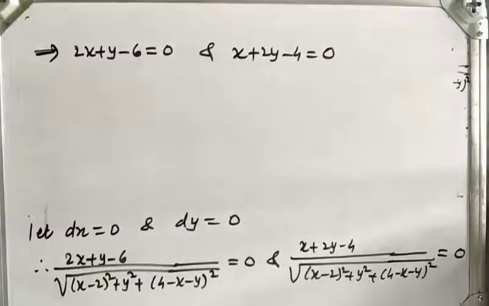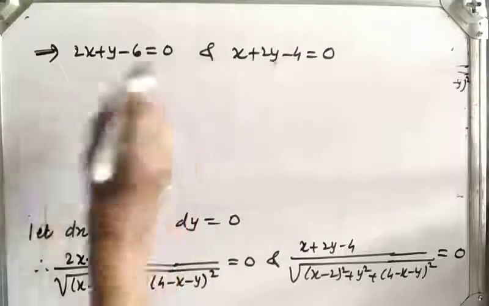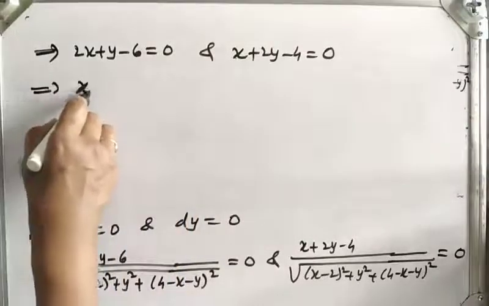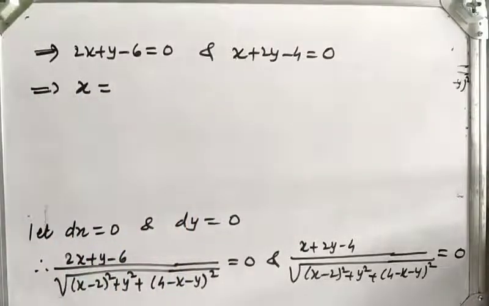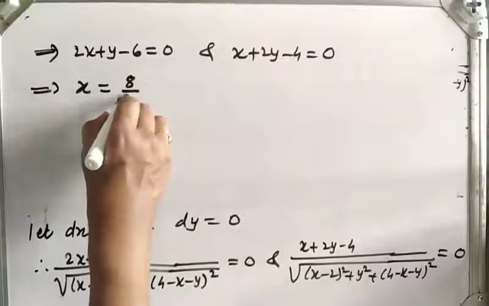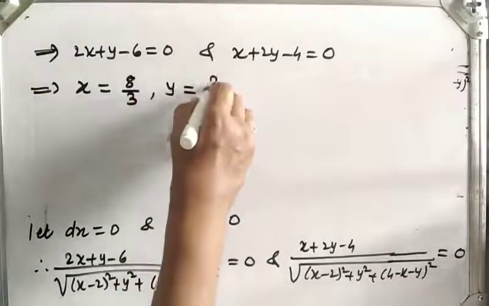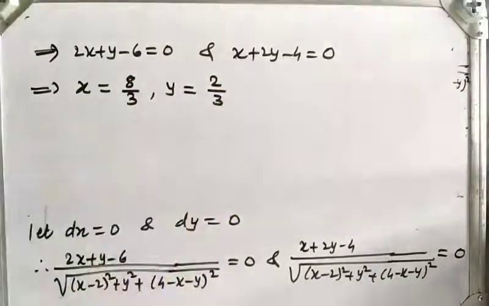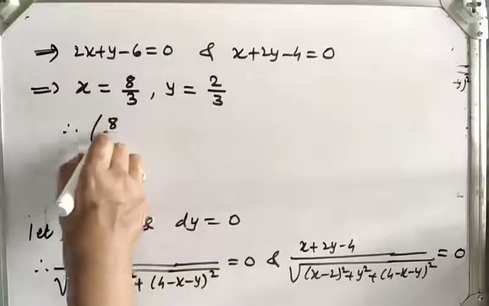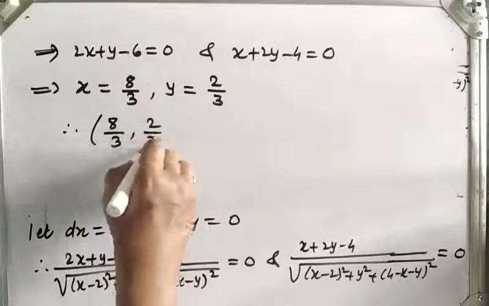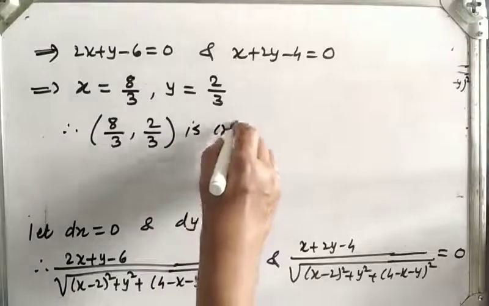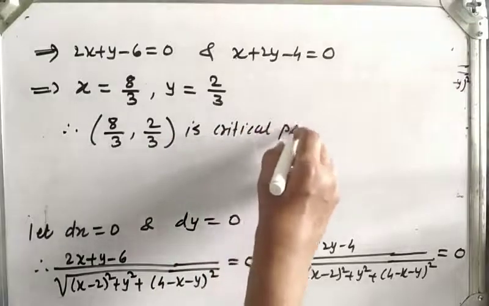In the next step, we will solve these two equations. After solving these two equations, what do we get? You can check it, we will get x is equal to 8 by 3, y is equal to 2 by 3. Therefore 8 by 3 comma 2 by 3 is the critical point.